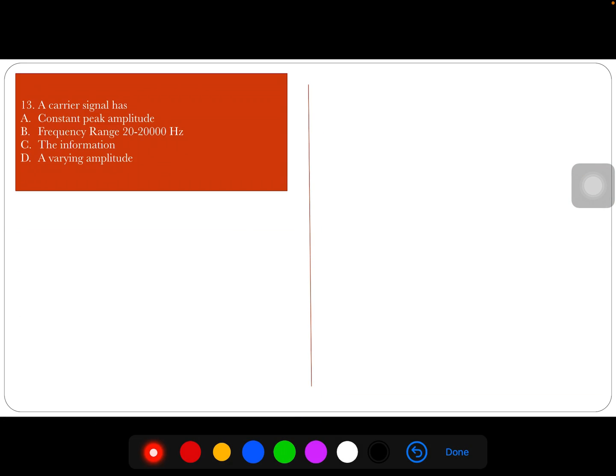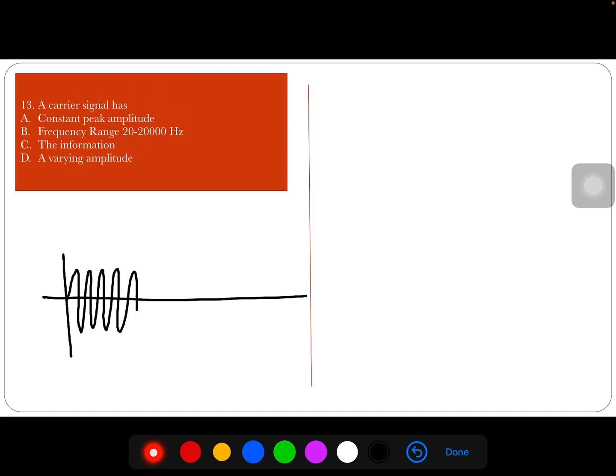Next question, a carrier signal has a constant peak amplitude, frequency range 20 to 20,000 Hz, information, or a varying amplitude. So the most appropriate option is, if you draw a carrier signal, it is a high frequency signal. I hope you all agree with it.